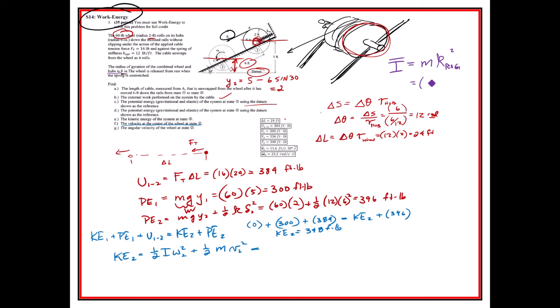And so that should be 60 over 32.2 times the radius of gyration, which I said was 8, but it's 8 inches, so it'd be 8 over 12, squared. And so that ends up being 0.8282 slug feet squared, which is the moment of inertia.